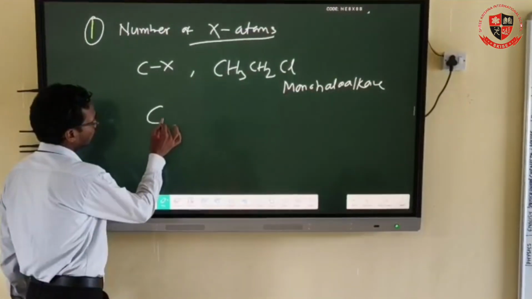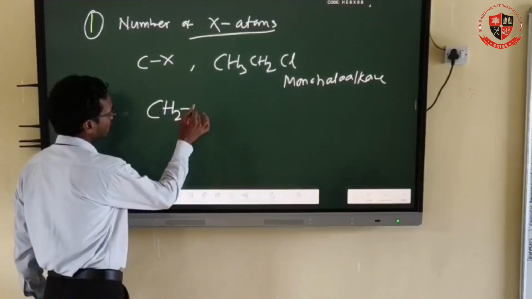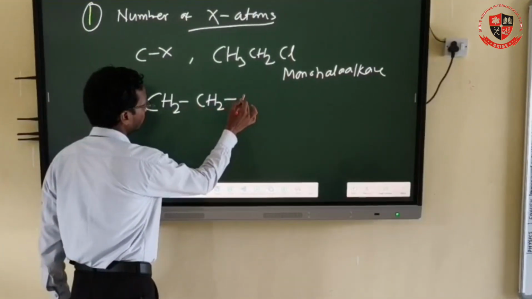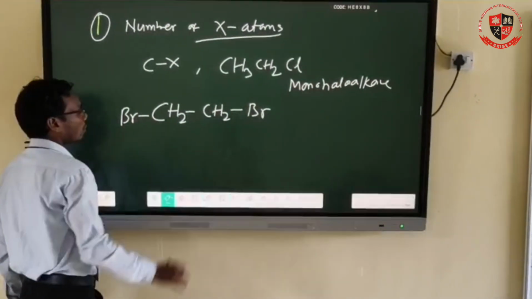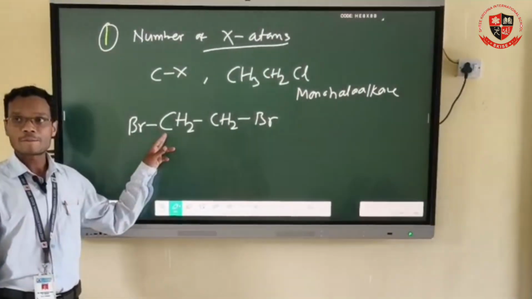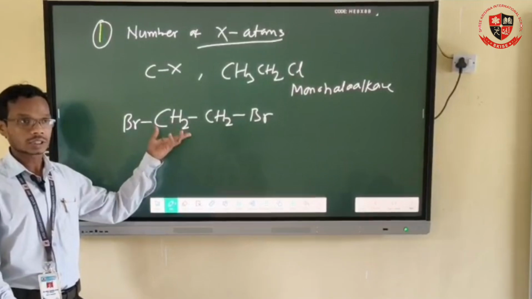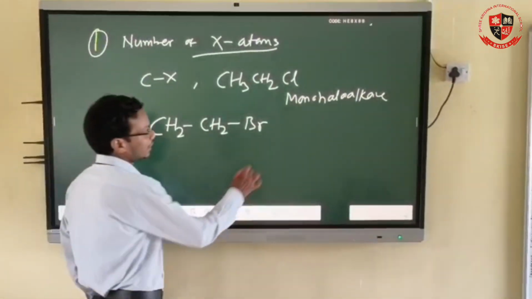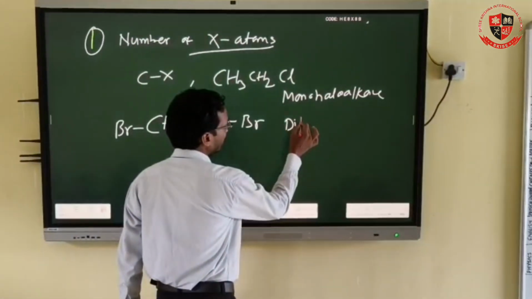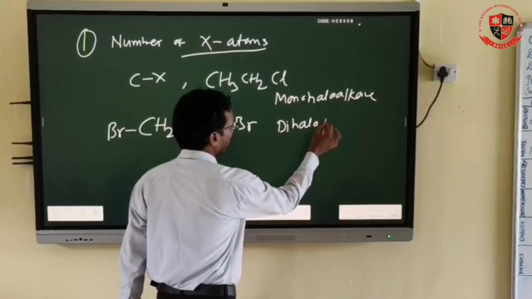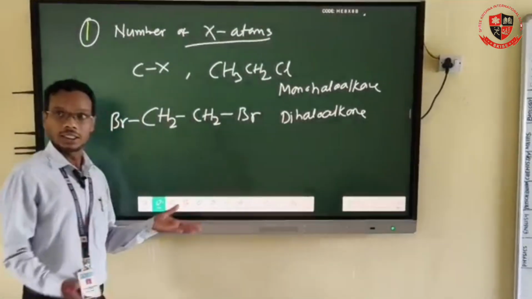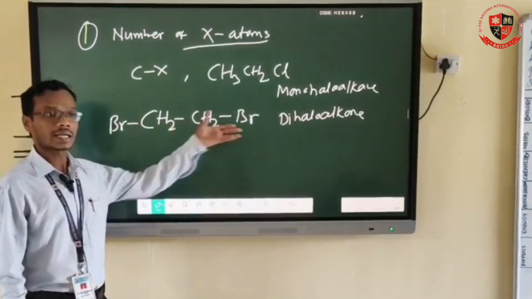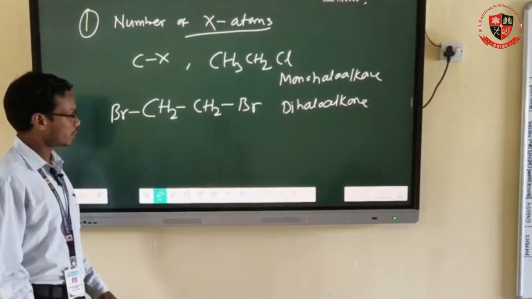If there are two halogens, suppose CH2Br, CH2Br, what is the name of this compound? 1,2-dibromoethane, or simply dibromoethane. This is a dihaloalkane, and if it contains three halogens, it is called a trihaloalkane.